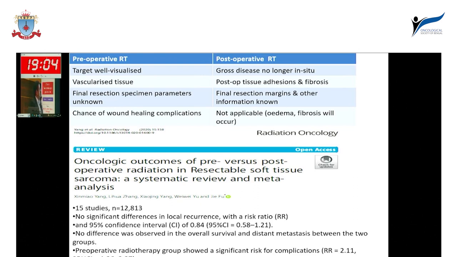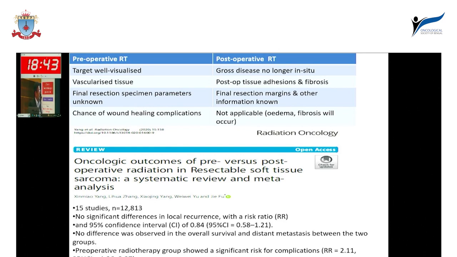And infection chances also go higher. But whether it is esophagus or rectum, we have seen that if you operate in a particular time period, we probably don't face all these problems.